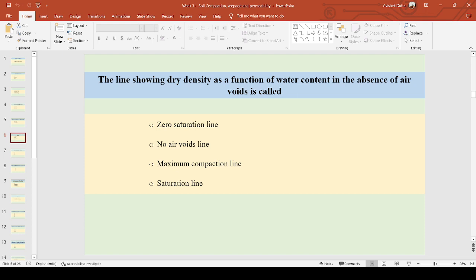I repeat: the line showing dry density as a function of water content in the absence of air voids is called zero saturation line, no air voids line, maximum compaction line, or saturation line. Next question.